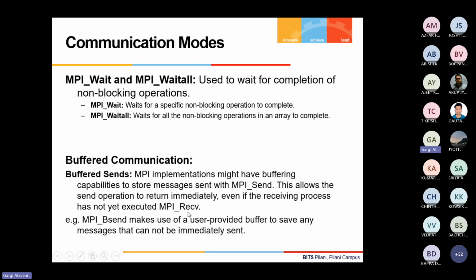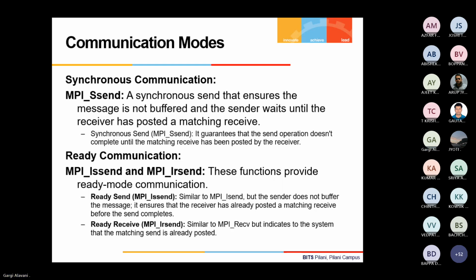There is also the MPI B send function, which uses buffering to store messages sent with MPI send. This will allow the operation to return immediately, even if the receiving process has not executed at all. And you also have MPI S send, which is synchronous communication.